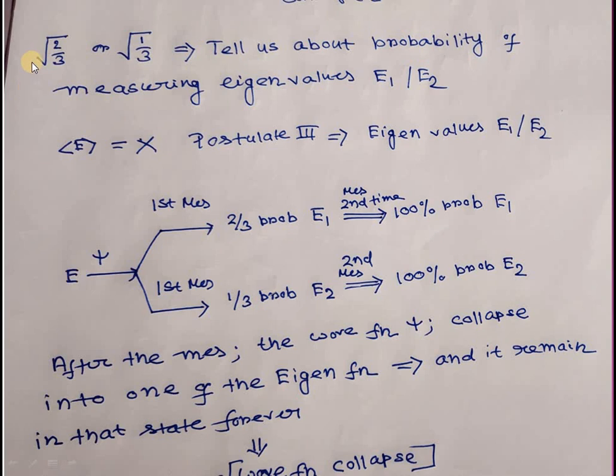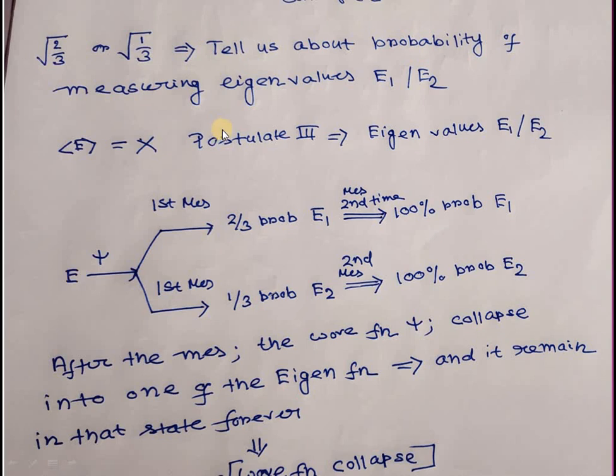Now these coefficients, root 2 by 3 and root 1 by 3, basically tell us about the probability of measuring the corresponding eigenvalue, which is the energy E1 or E2. So the probability of measuring this eigenvalue depends upon the square of these coefficients.